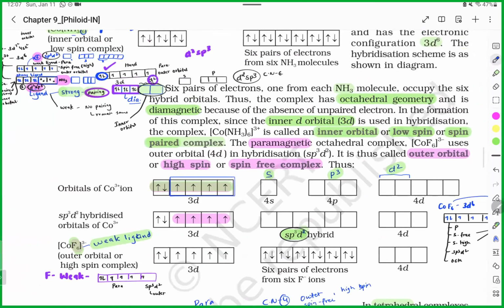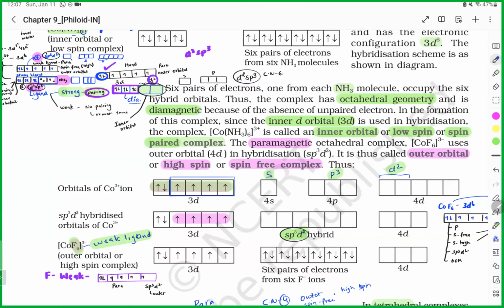You should know the nature of the ligand, strong or weak. Second, you should know the electronic configuration of the metal atom, and what it will be in the charged condition. Like if cobalt is 3 positive, what will be the electronic configuration of cobalt 3 positive? If inner d orbitals are used, it will be an inner orbital complex.